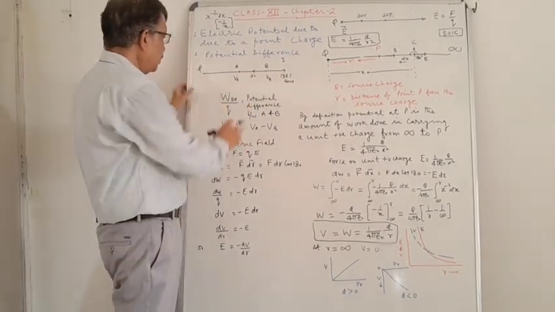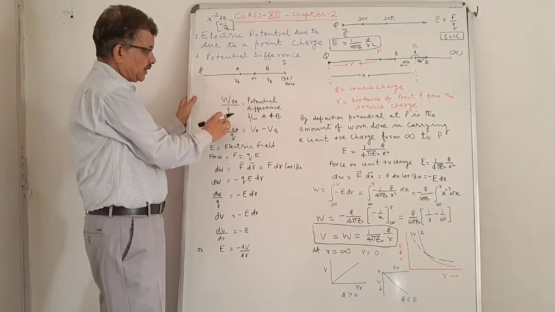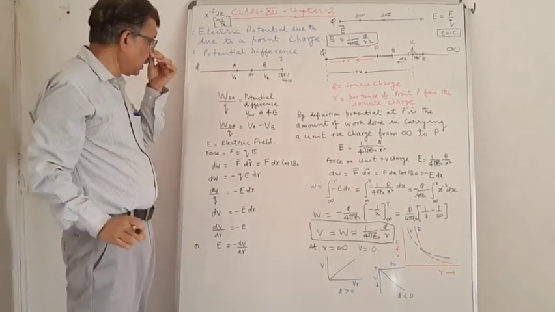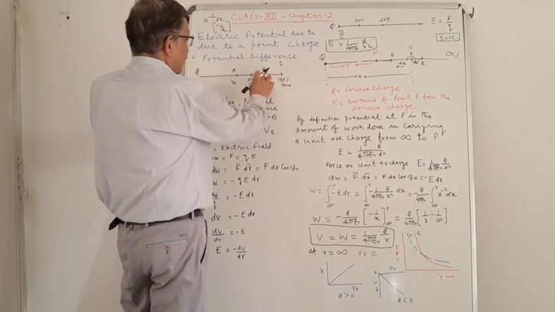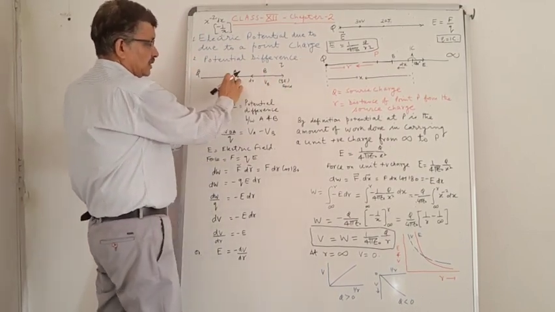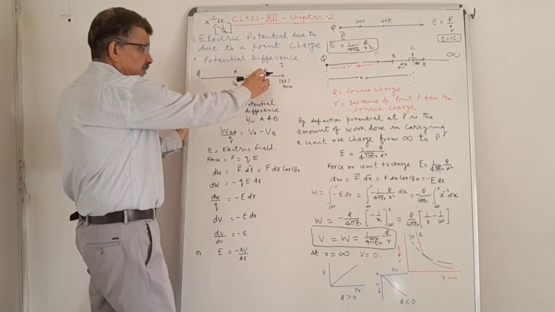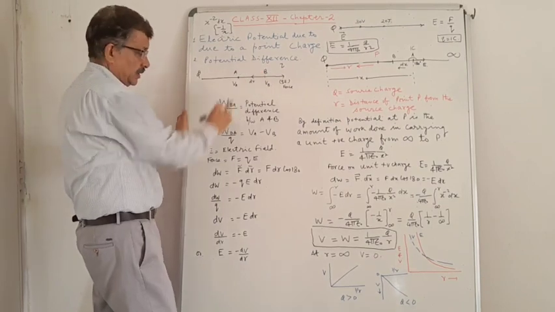So W_BA divided by Q will be equal to the potential difference between these two points B and A, because Q charge is being brought from B to A.